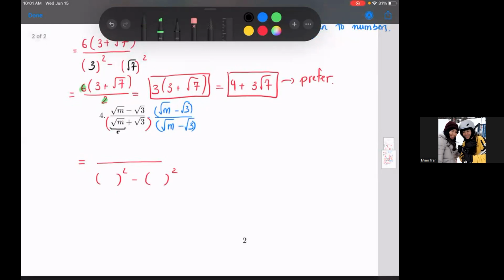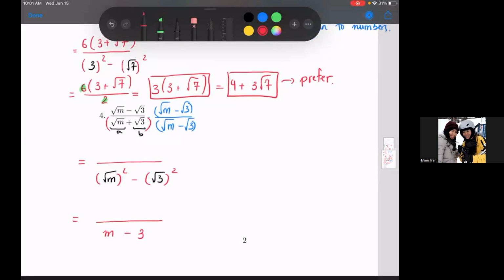That's your A, right? And that's your B. So the whole thing is the square root of n, and B is the square root of 3. The square root of n squared is n, right? The square root of 3 squared is 3, so n minus 3.